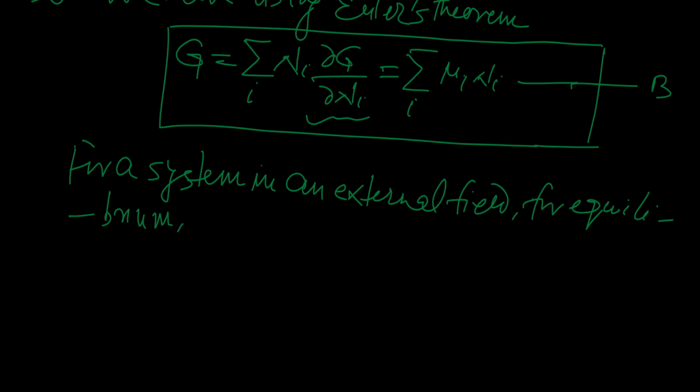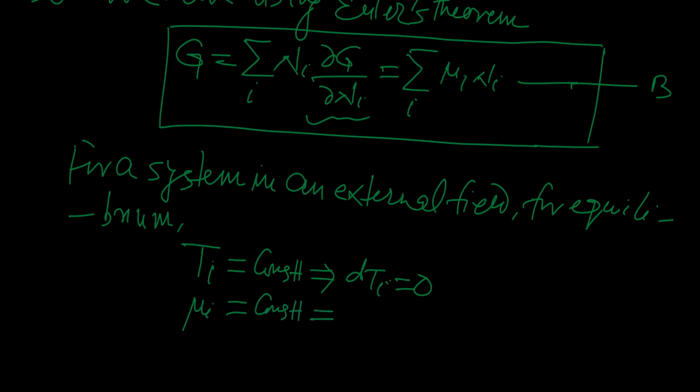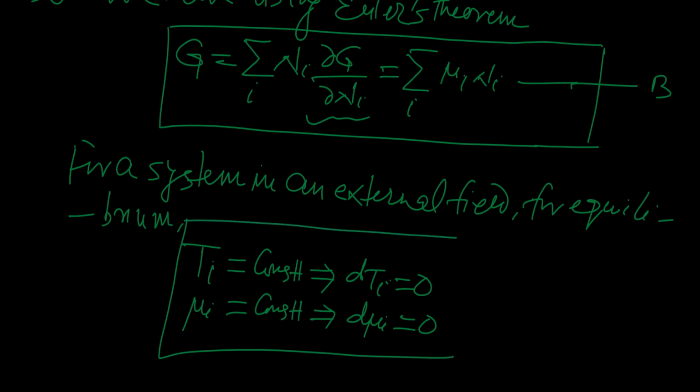In fact, the temperature of each species should be constant, that is Ti equal to constant, and this implies dTi must be 0, and at the same time the chemical potential of each species should be constant for equilibrium, and this implies d mu i will be equal to 0. So these are the conditions for a system in an external field for equilibrium.